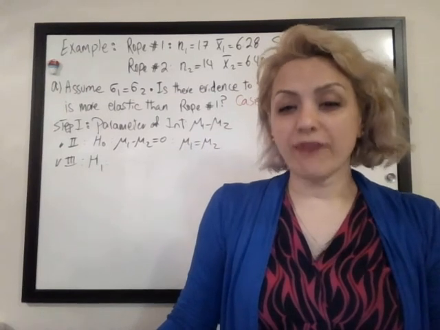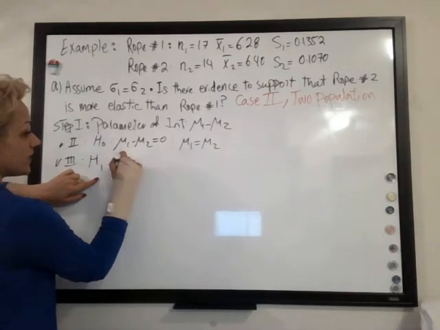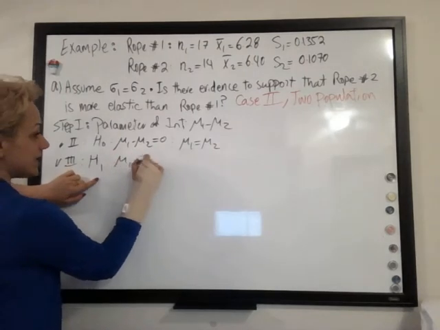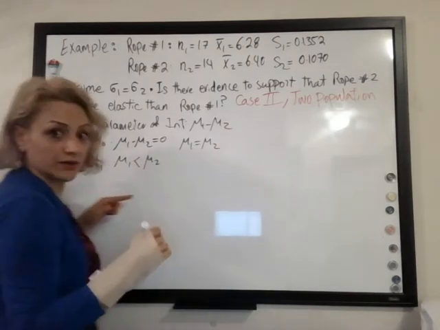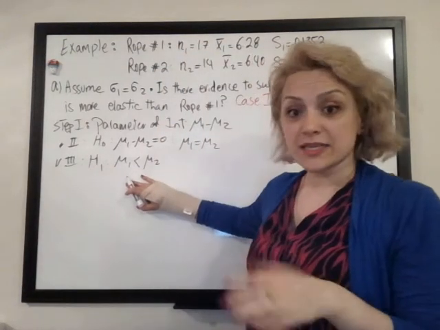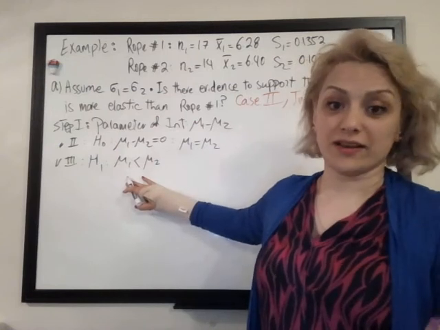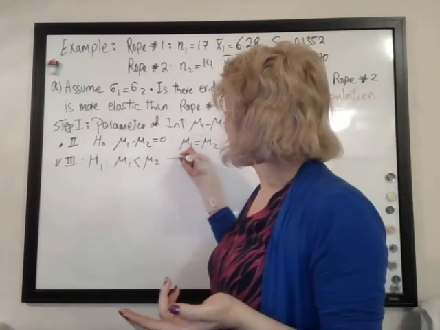In fact, for the alternative hypothesis, we want to see if mu1 is less than mu2 or not, right? So when it's like this, we say, oh, it's one-sided. We said that something is greater than another one. So this one tells us that it's one-sided.